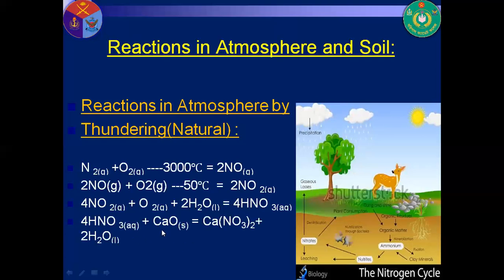This nitric acid reacts with calcium oxide to form calcium nitrate and water. This is the nitrate salt which can be absorbed by the root of the plant. This is the process for nitrogen fixation. It is the natural process and occurs in thundering and at higher temperature.